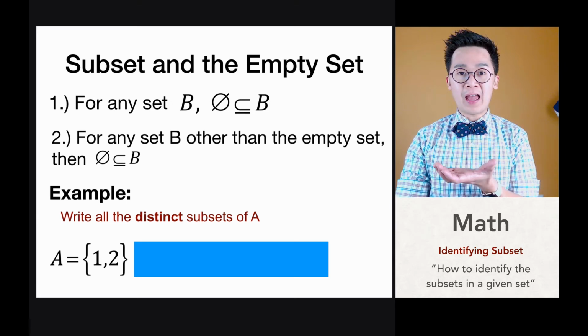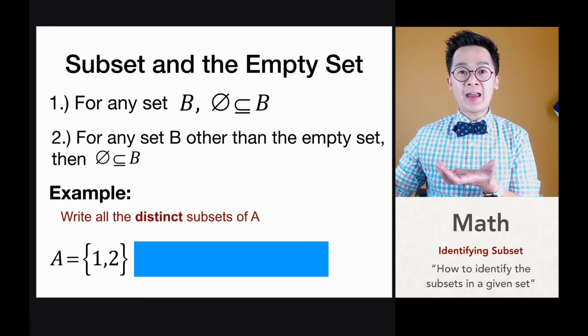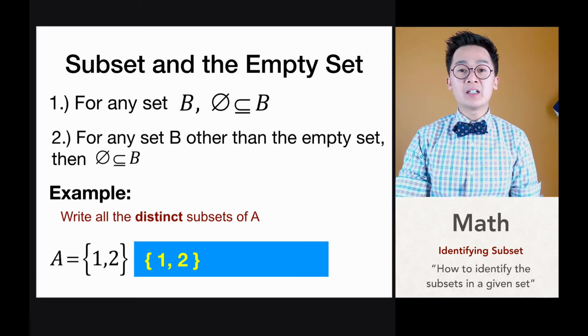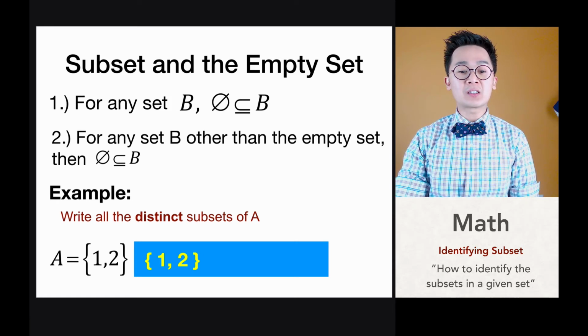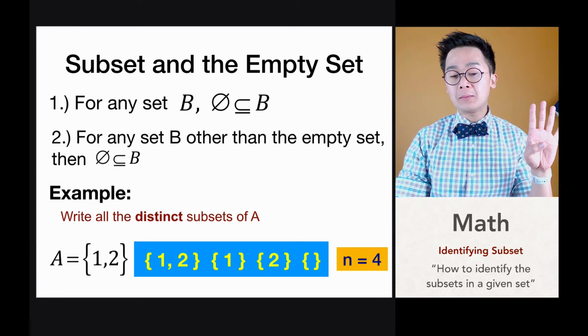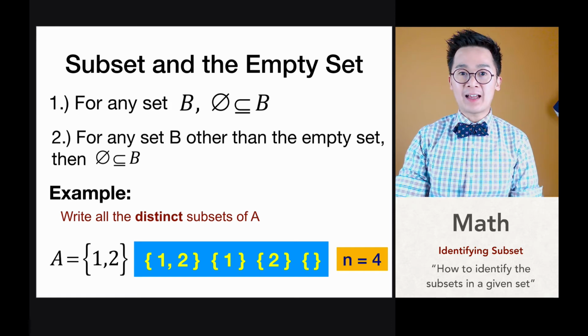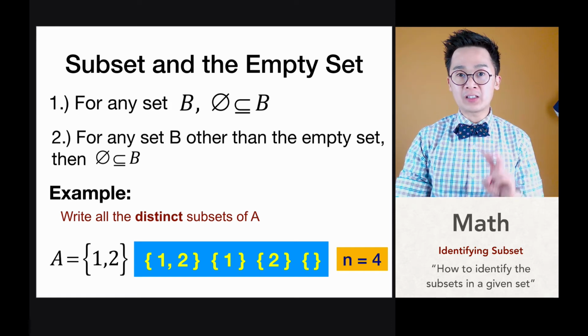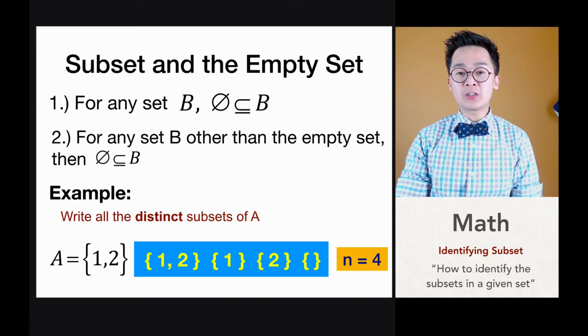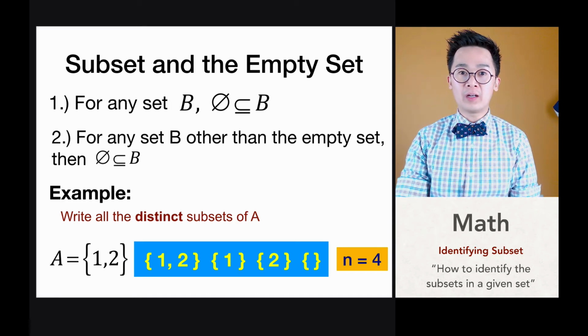We can also have subset {1} or subset {2}, and the null set, because the null set will always be included in your subsets. So all distinct subsets of A would be {1, 2}, {1}, {2}, and the null set. All in all, we have 4 different subsets for set A, even though it only has 2 elements, because we can divide it and put the combinations to use, so we'll have 4 in total.